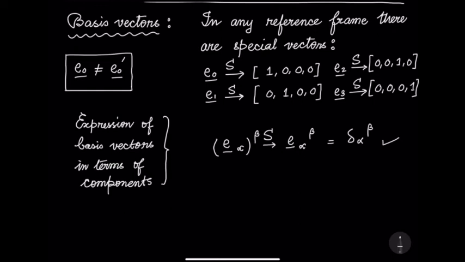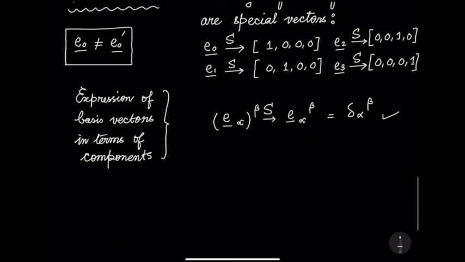And now that I have the unit vectors, I can represent any vector A in the reference frame S, as we have been doing till now, as A alpha. Now I can also write the same thing as A alpha multiplied by the unit vector alpha, of the same reference frame.